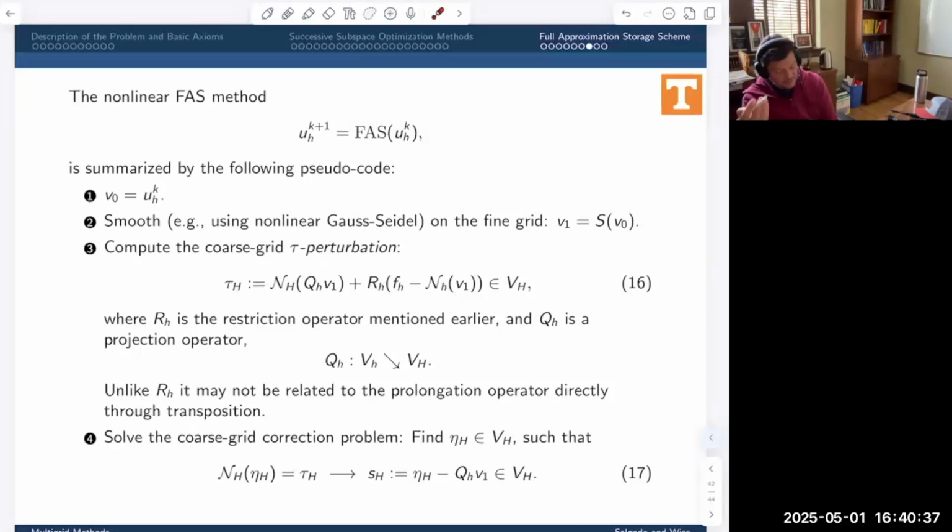So that's the second takeaway that I have for you. This is going to be justified and made sense of later. It's a little bit hard to understand what it means now, but the second point is if everything in sight is linear, N cap H and little h, then everything just reduces to the linear two-grid method.